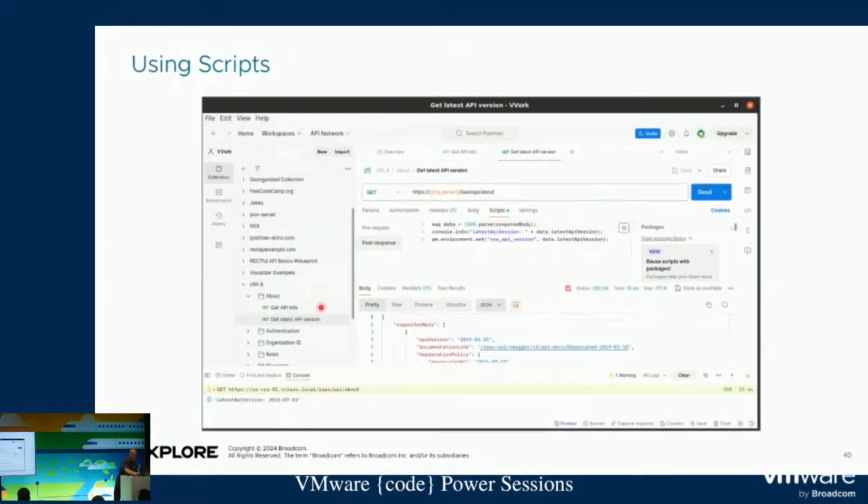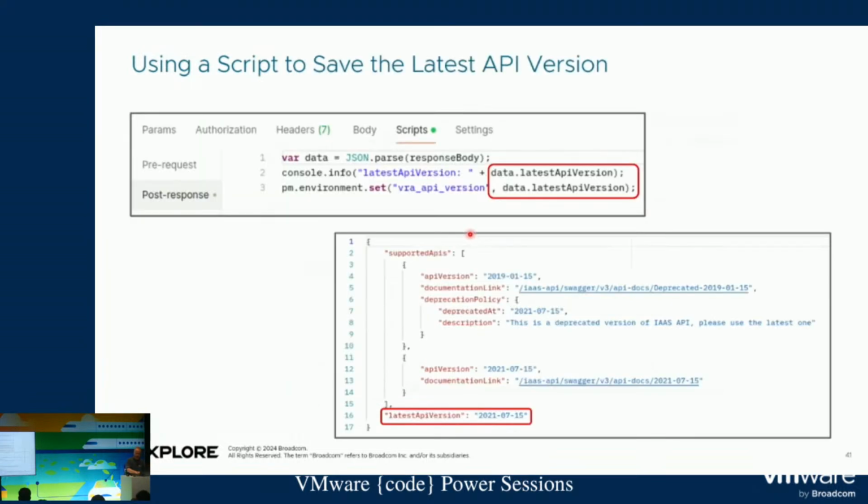So the script code that you see here, let's zoom in on it. In this case, it is a post response script written in JavaScript. And essentially what this code is saying on line number 3 is when we say data dot, that means go into the response body. Data dot latest API version means go find that piece of data, get its value, and do something with the value.